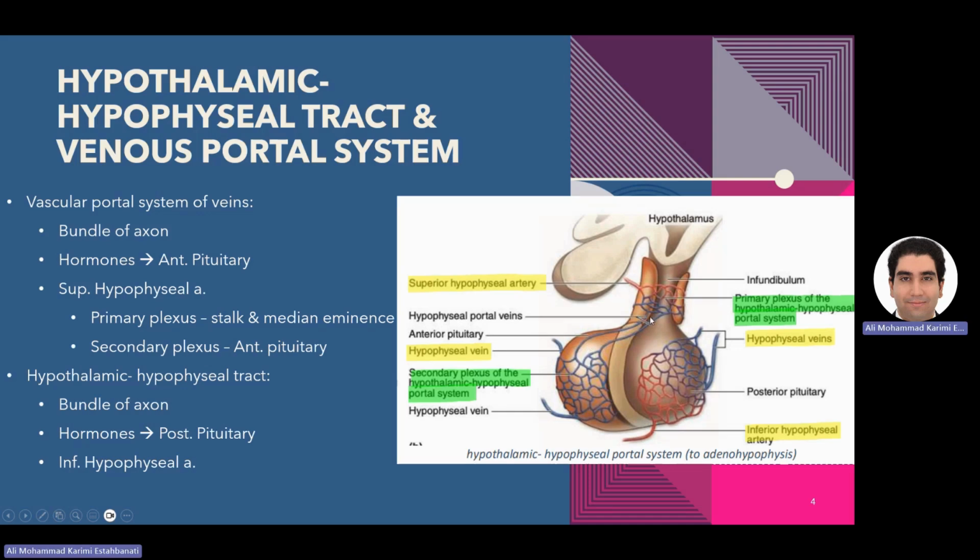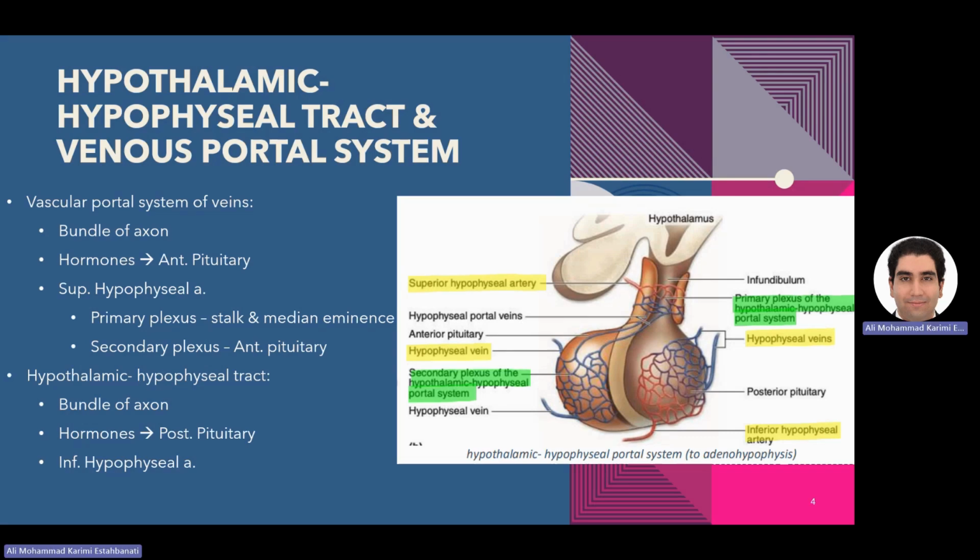Now, the secondary plexus. The primary plexus is formed by the superior hypophyseal artery around the infundibular area, and the secondary is formed by a continuation of the superior hypophyseal artery and the hypophyseal vein in that area, mostly around the anterior pituitary gland.